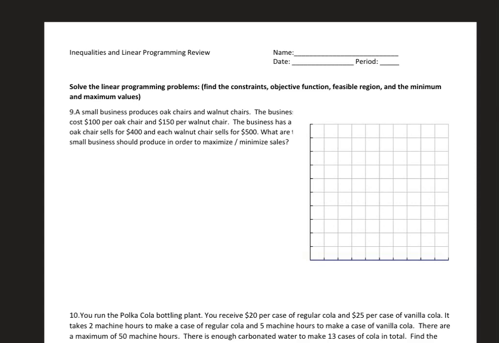Let's make sure I have all the words here. Make sure we're reading it all correctly.